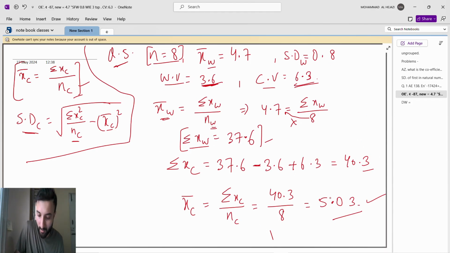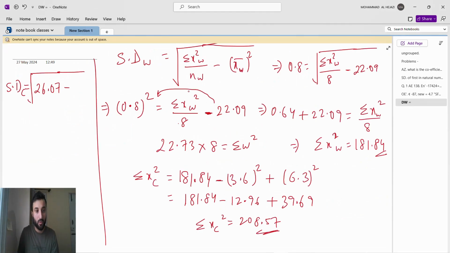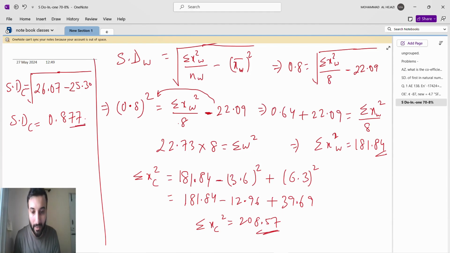Correct mean is 5.03, 5.03 into 5.03, you will get 25.30. So we'll do 26.07 minus 25.30. Whatever you get, do the square root. So the correct standard deviation is 0.877. That is the answer.